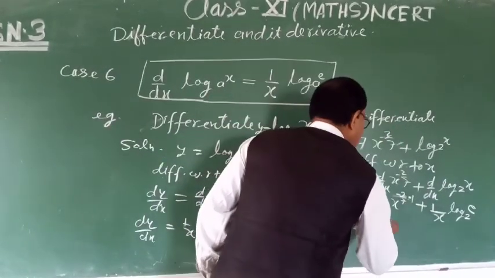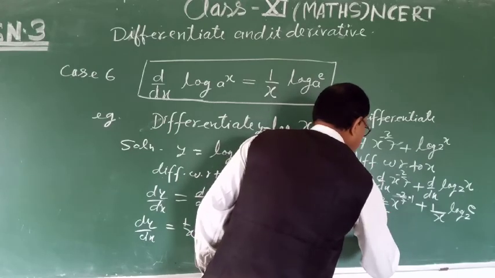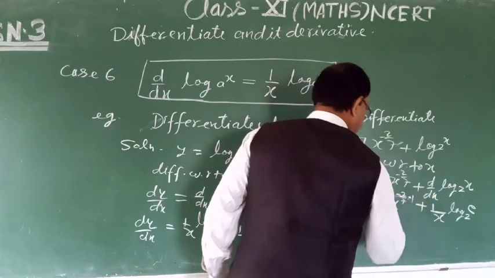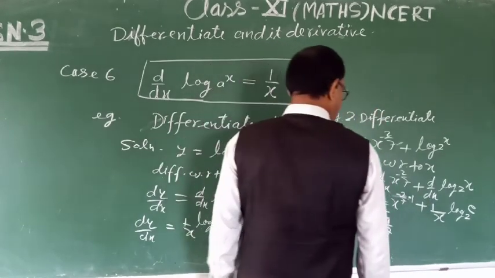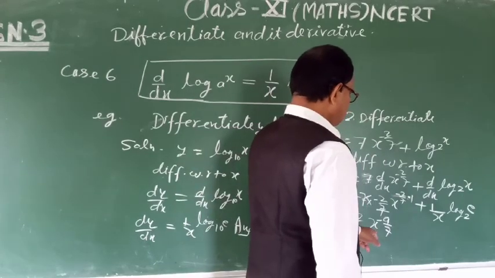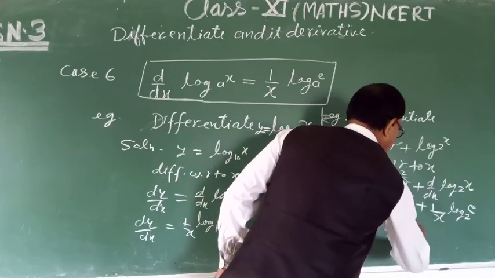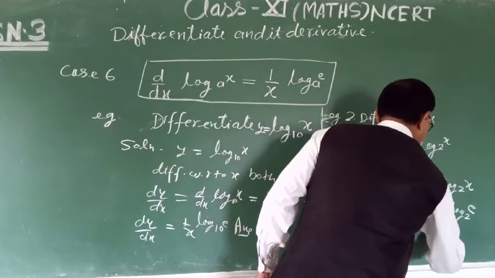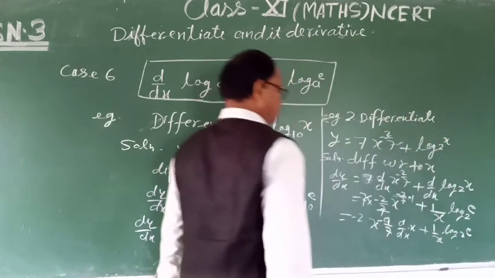And here 7 cancels 7, minus 2 x power minus 9 by 7, and here differentiating d upon dx of x, we get 1 by x log 2 to the power e.